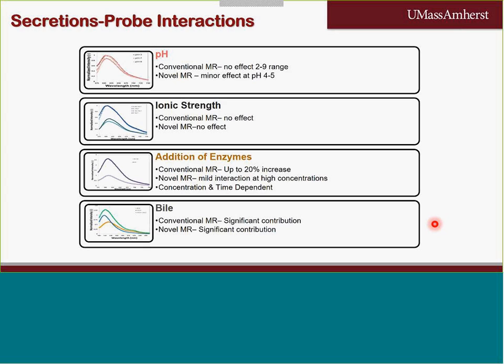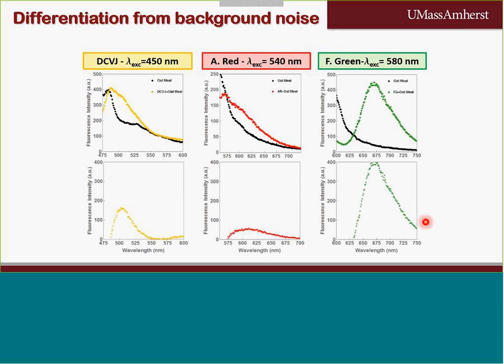Another thing that we wanted to obtain was appropriate differentiation. Remember that not only is the system complex, but the food is complex as well. So we needed a good differentiation between the signal from the probe itself and the autofluorescence of the food.